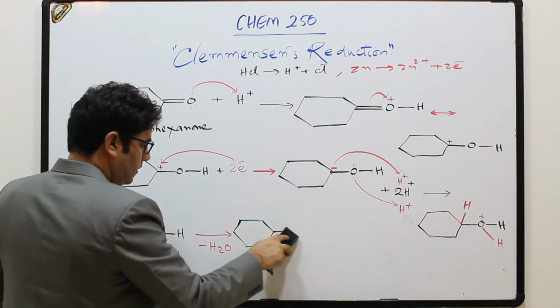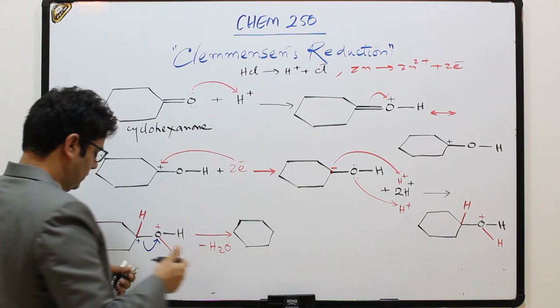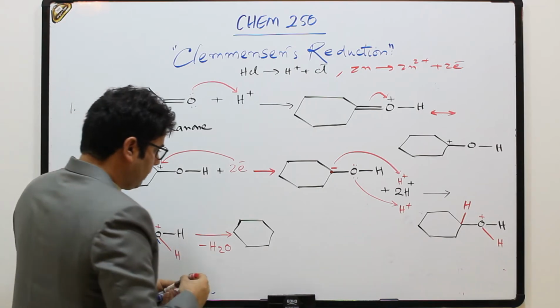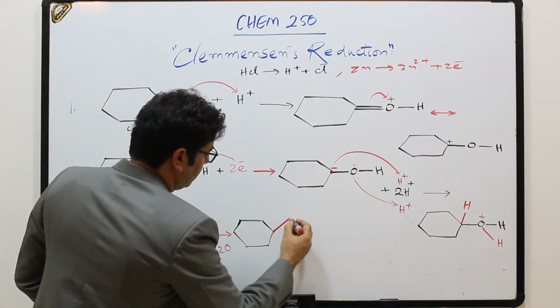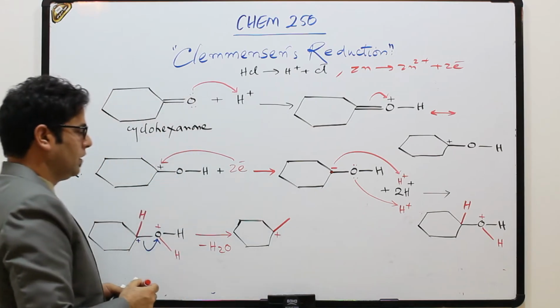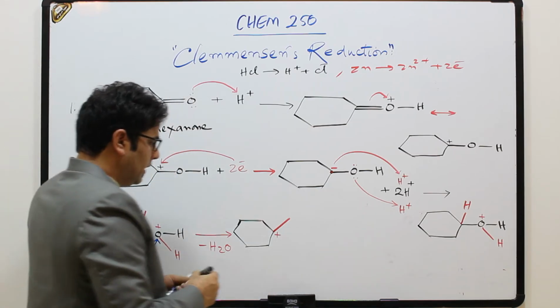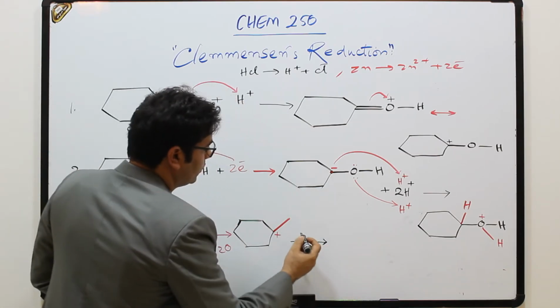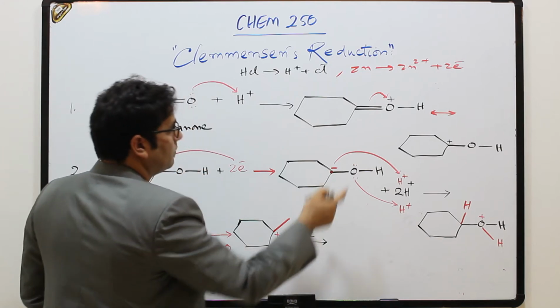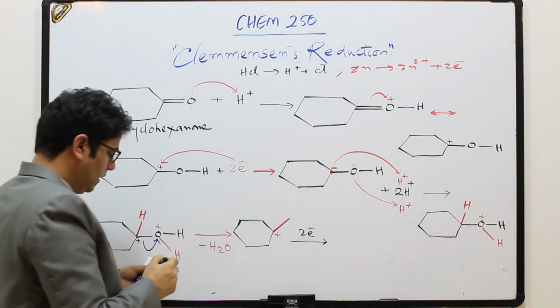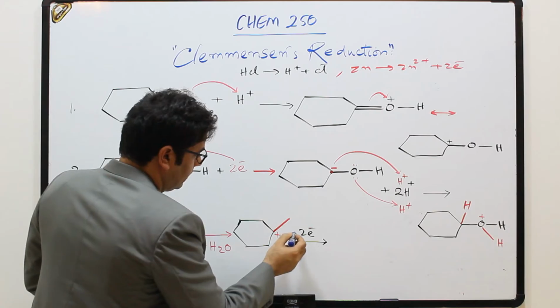So in this next step, 2 electrons will come again from this step. They will attack on this carbon.